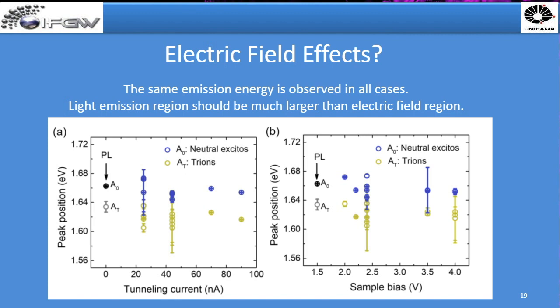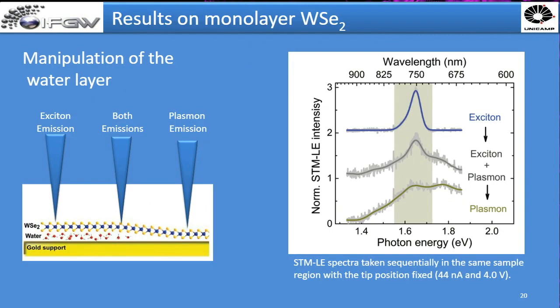And one last aspect that we observe in this sample is that an STM is always also an AFM, meaning that if you push the tunneling conditions a little bit too far, the tip really starts to exert some force onto the sample.